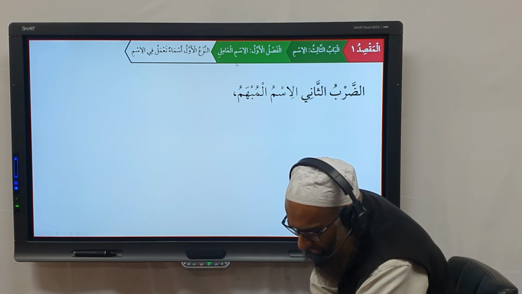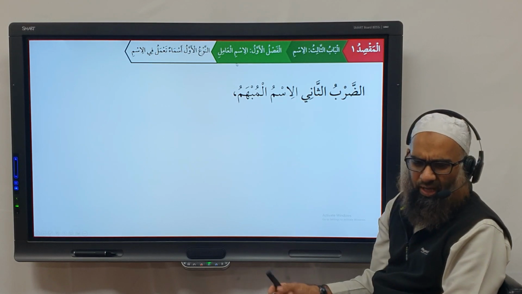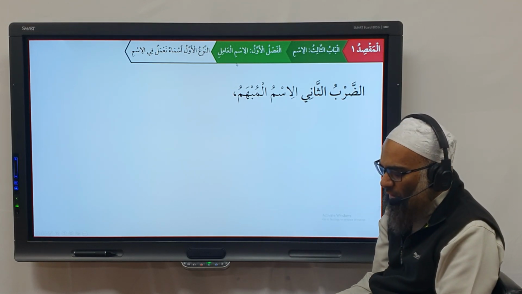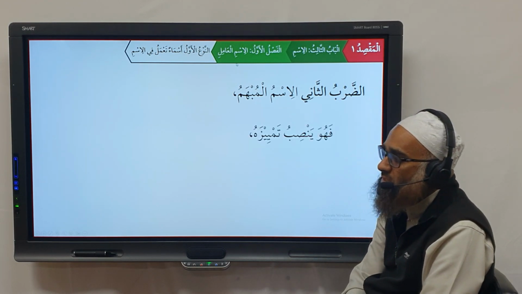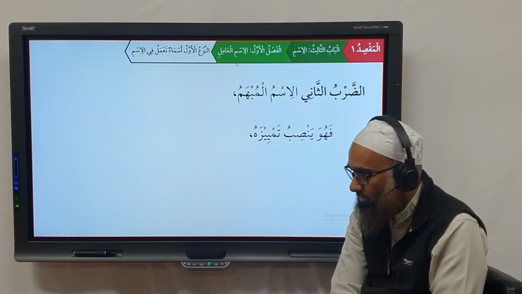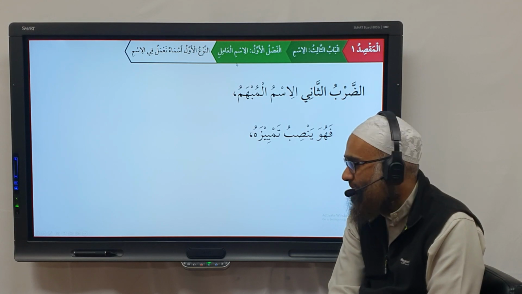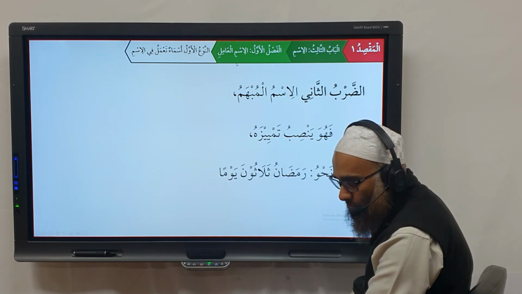An ismul mubham is any noun in which we have some sort of ambiguity, like you need more clarification. فَهُوَ يَنْسِبُ تَمْيِيزَهُ. This makes the tamyiz mansub, so the word after it becomes mansub. For example, رَمَضَانُ ثَلَاثُونَ يَوْمًا.